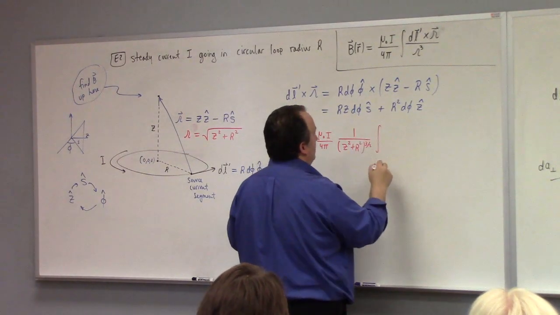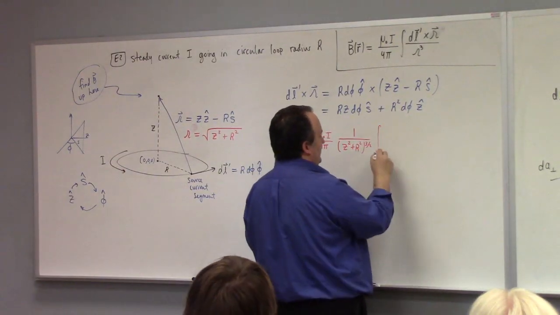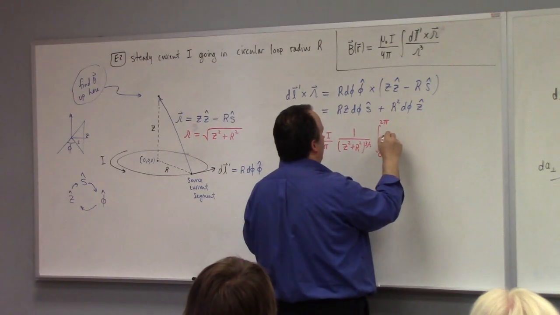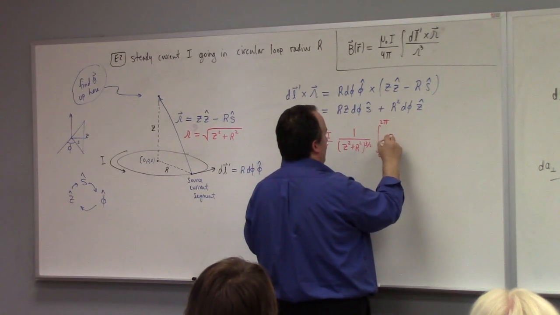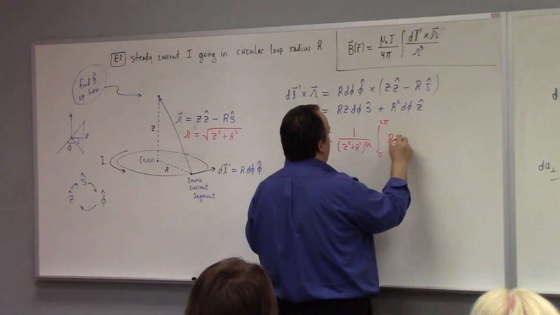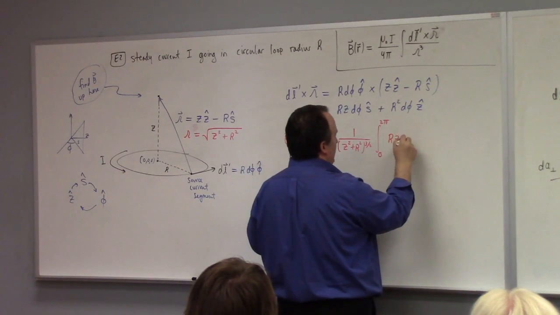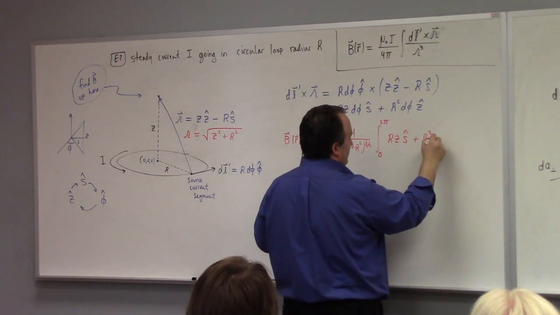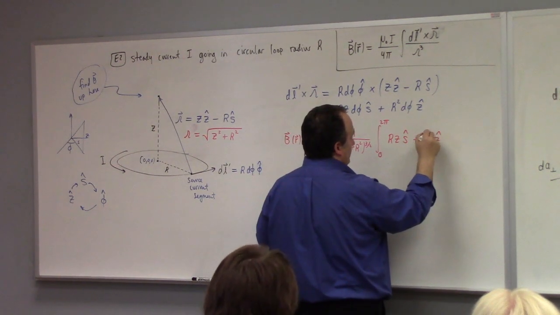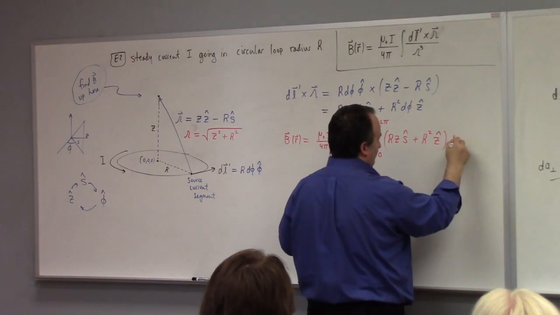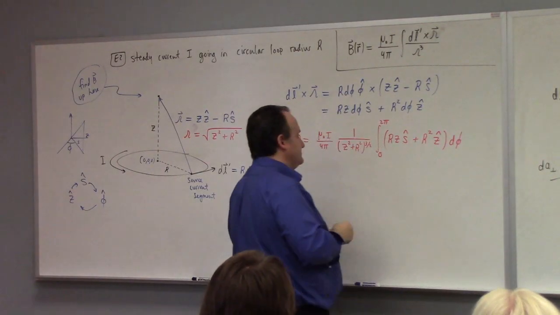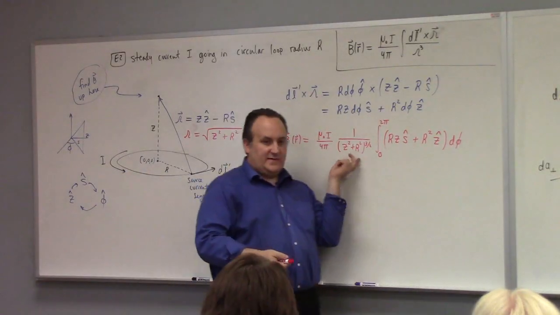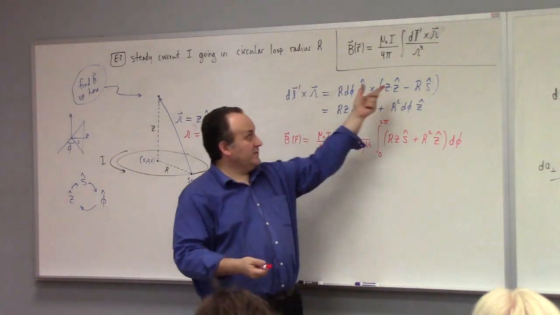And then we're integrating over d phi, right? So 0 to 2 pi of r z s hat plus r squared z hat. I factored out my d phi. Does that seem fair? If it doesn't seem fair, I can bring this back inside the integral, so it's manifestly what we're doing.